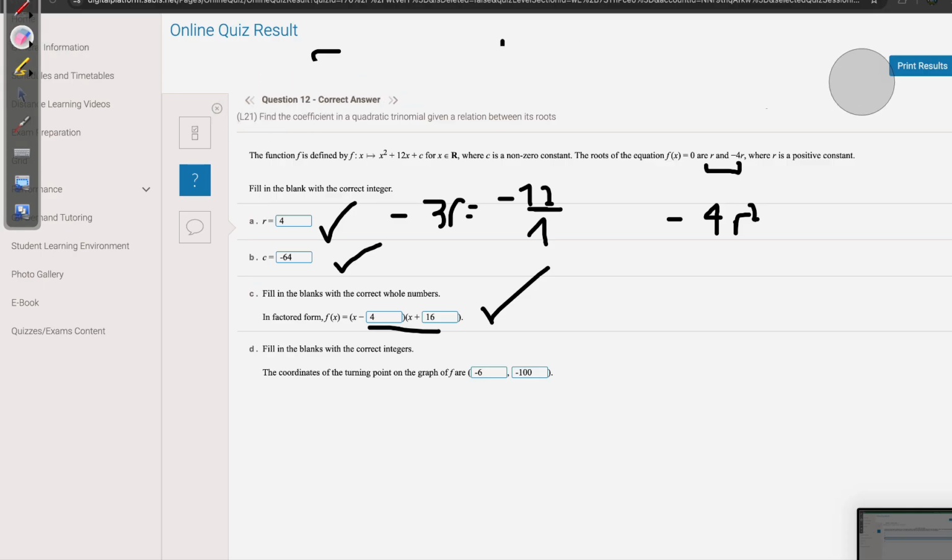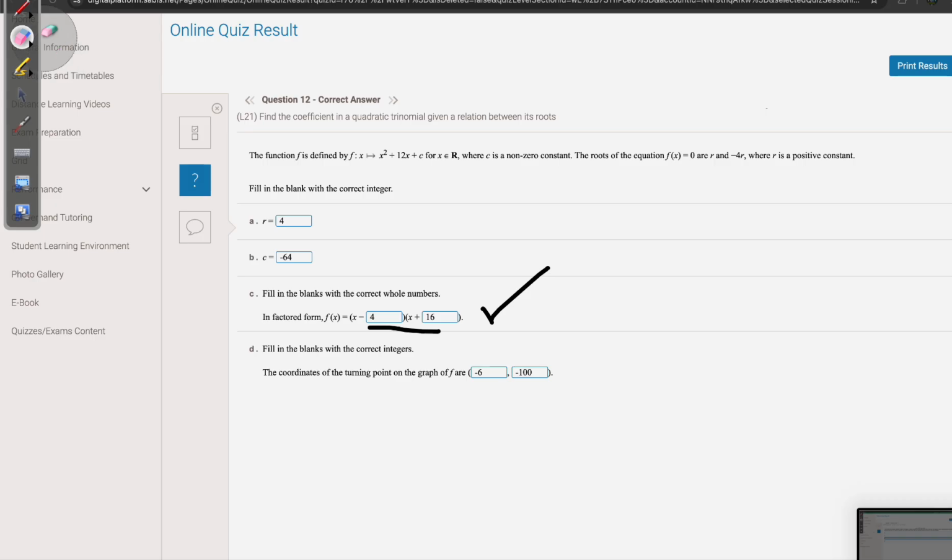Okay, now they want the coordinates of the turning point. The turning point is basically what makes the derivative 0, and since it's a point, they want the coordinates of the point. After we get that x, which will be negative 6, we'll substitute it in x squared plus 12x minus 64.